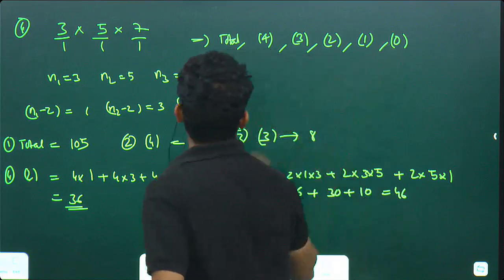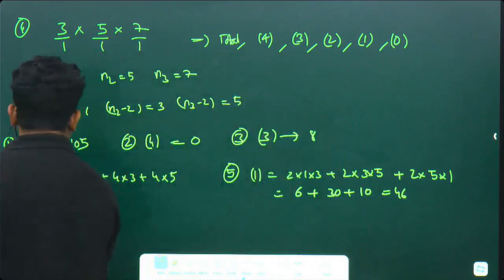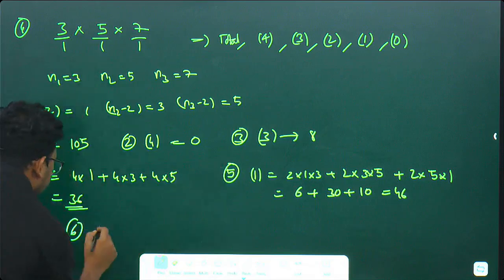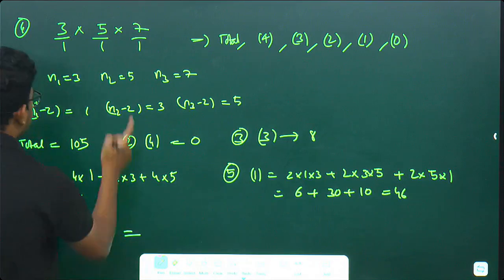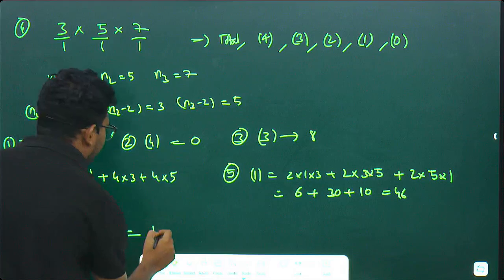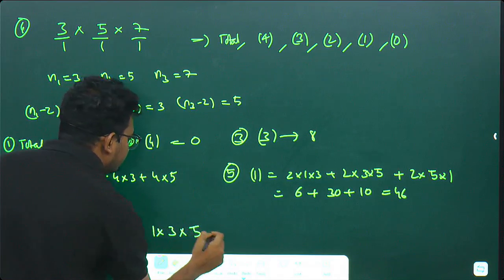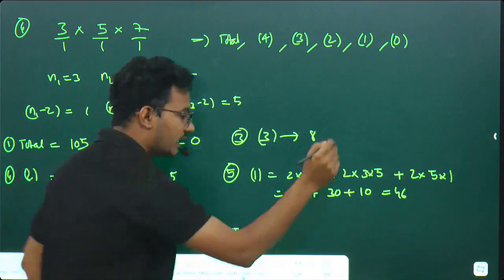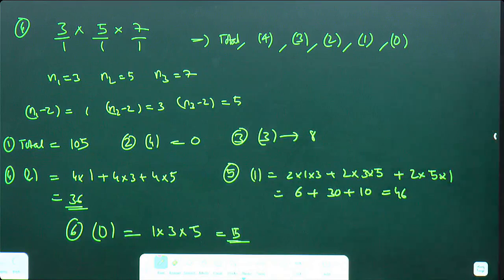And the last one we are left with, sixth one, 0 surfaces painted, which is 1 into 3 into 5, which is 15. So this is how you'll solve the questions.